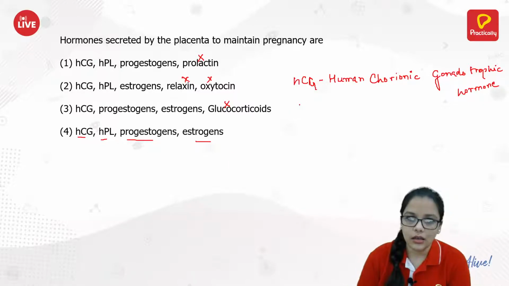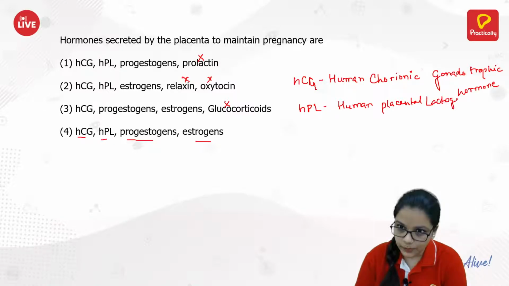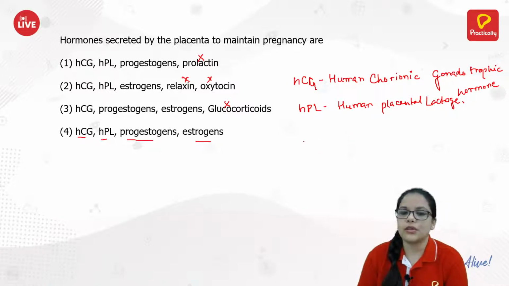HPL, on the other hand, is human placental lactogen. Progestogen and estrogens we know already.